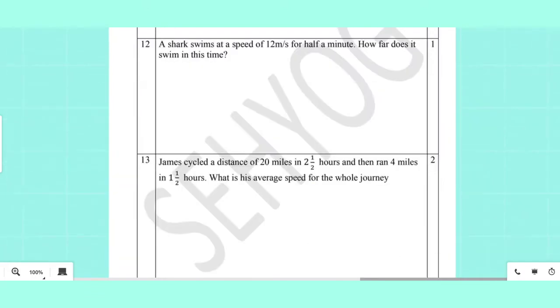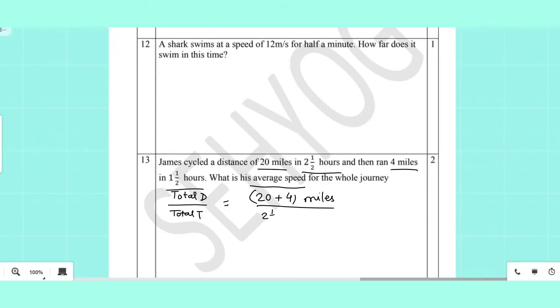answer. Now, in question number 13, James cycled a distance of 20 miles in 2.5 hours and then ran 4 miles in 1.5 hours. What is the average speed for the whole journey? So, average speed can be found by total distance dividing by total time. Total distance is 20 miles plus 4 miles, that is 24 miles.